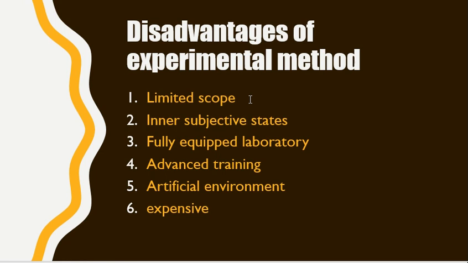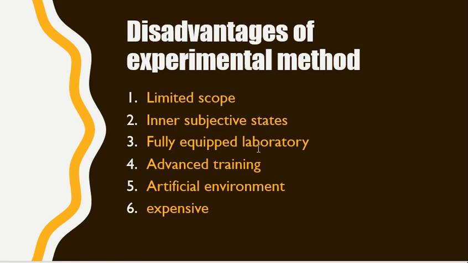Some of the behaviors can be expressed in a better way in a natural setting. And once a subject is aware of being tested, being observed in a lab setting, his expressions, his behavior can change. The second disadvantage is the inner subjective states. The inner subjective states can affect the responses of individuals.